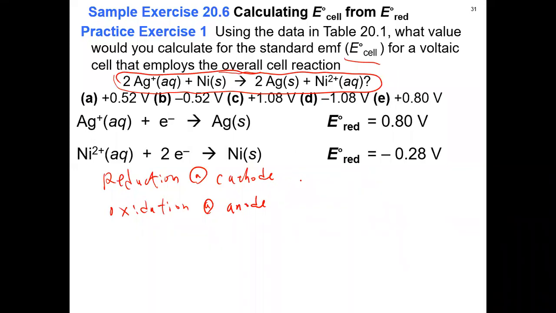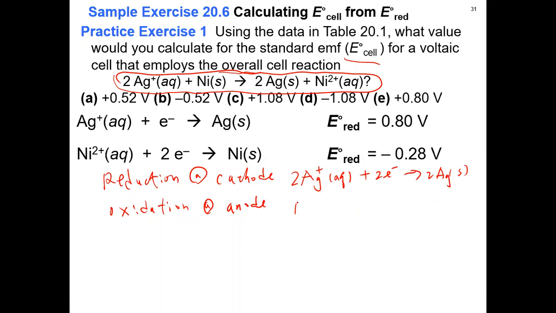So we write our reduction reaction: Ag plus aqueous. If you take that from the overall reaction, you use 2 Ag plus plus 2 electrons produce 2 Ag solid. That's our cathode reaction.